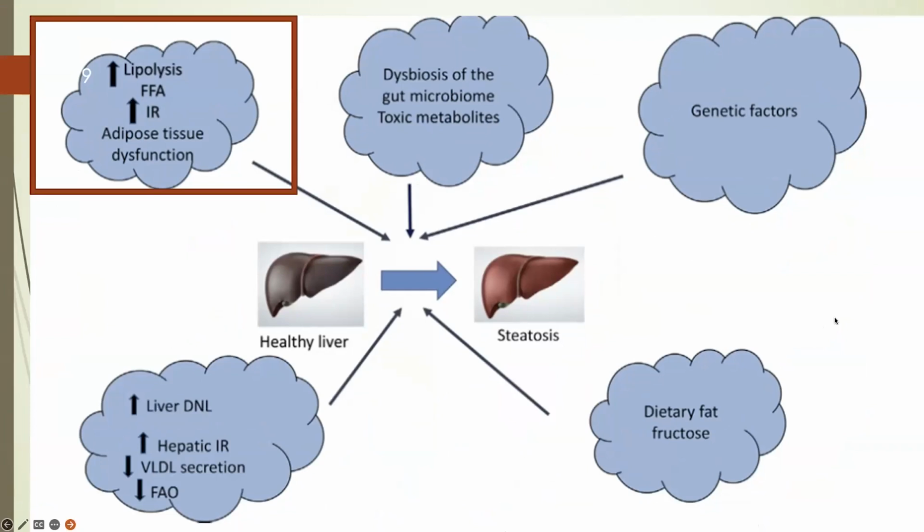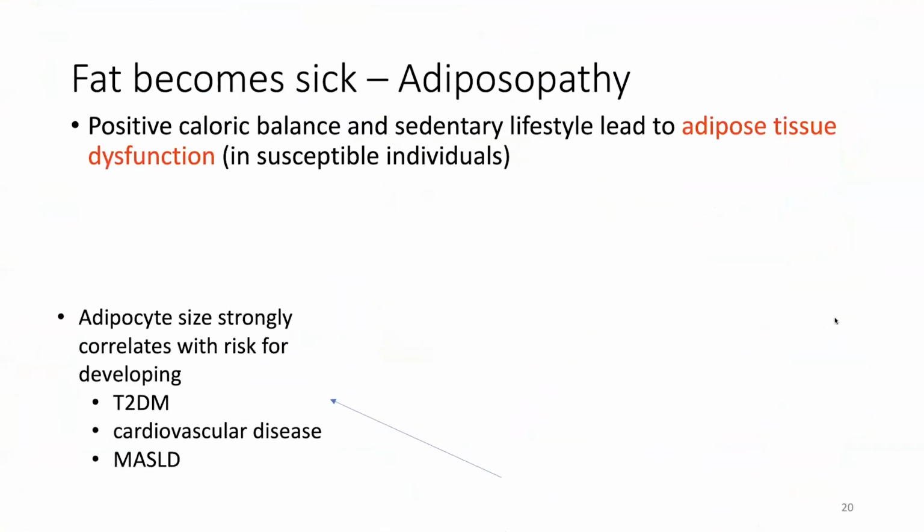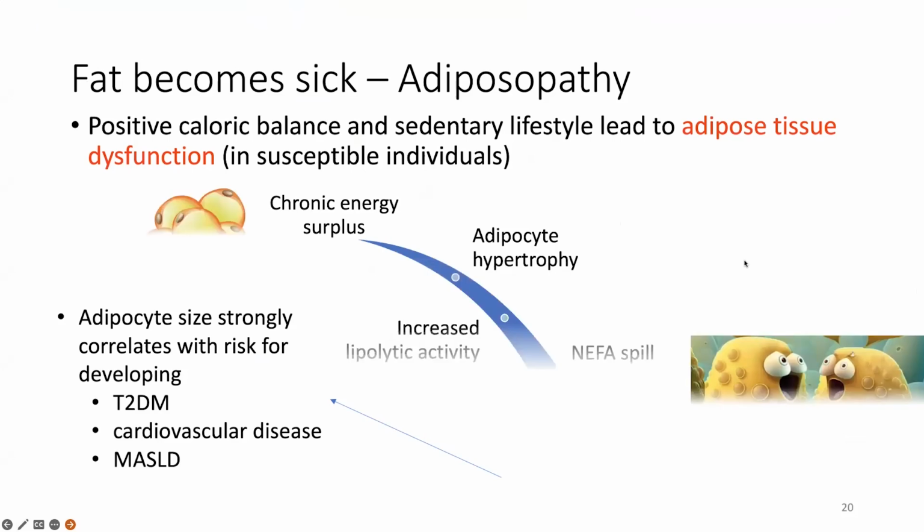So let's see what happens once you have a lot of fat coming into the adipose tissue. How does the adipose tissue handle a lot of fat? Now, with passage of time, if you have too much fat, there is a concept called adiposopathy. That means positive calorie balance and sedentary lifestyle lead to deposition of fat.